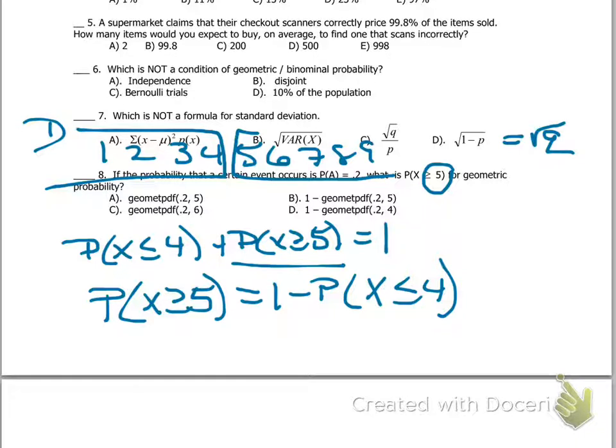All right, so let's go look at this here. Do you agree with me that because it's a less than sign, that is going to be a CDF? So it can't be PDF. Okay, and we go up to 4, so the answer is D. Okay, if you don't get that, come in for tutoring.